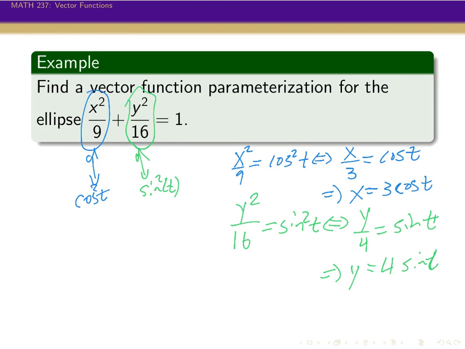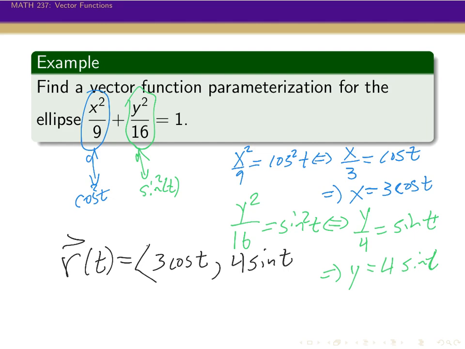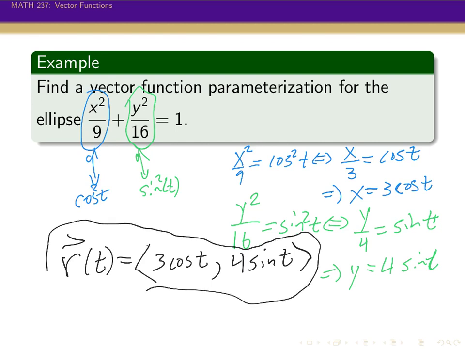So now we have our x and our y, and so our parameterization for this is going to be 3 cosine t, 4 sine t, and because we got it from working backwards on this equation, this is going to draw that out. Okay, so that's our vector function parameterization for this ellipse.